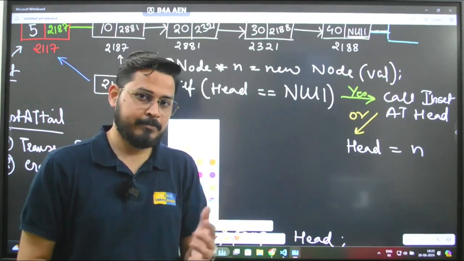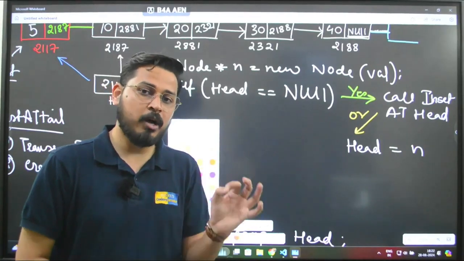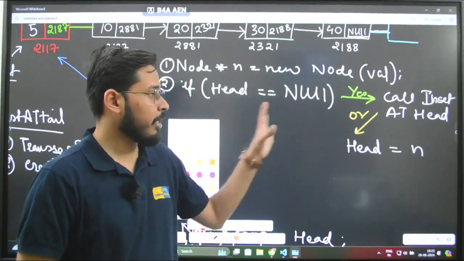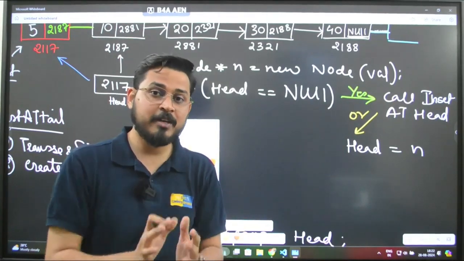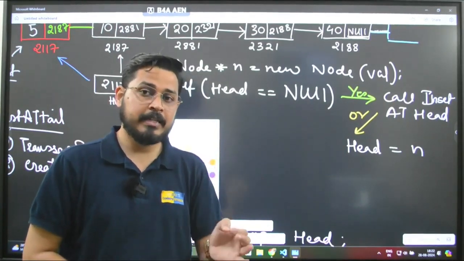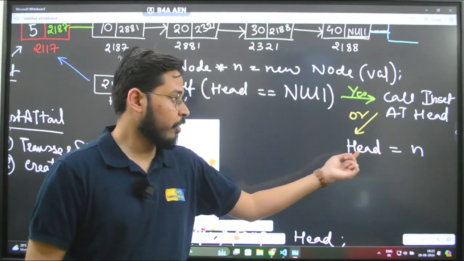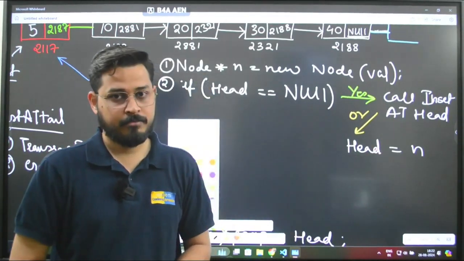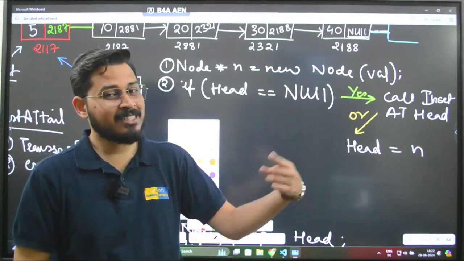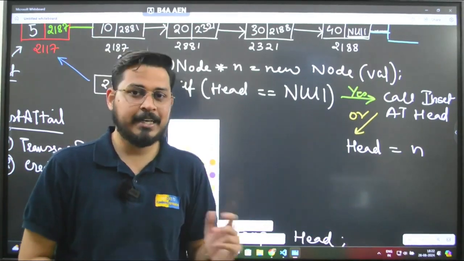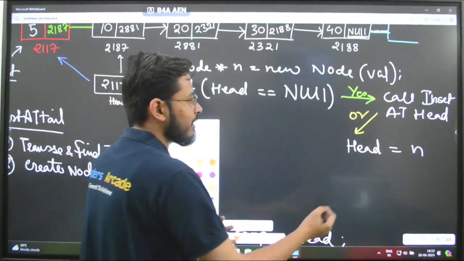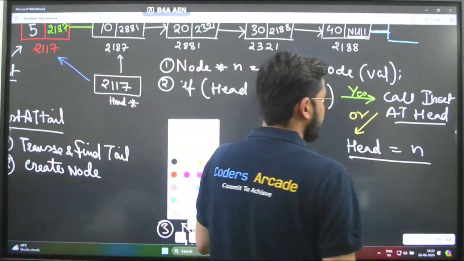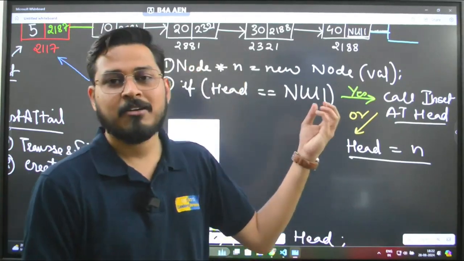And if the head is not available, then your head itself will become n, which means the new node itself becomes the head. I hope this is very much clear. So this condition also does the same thing, and this condition also does the same thing, only the circumstances vary.